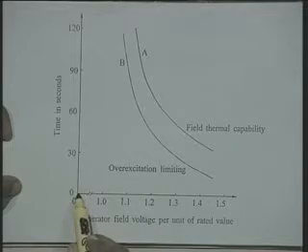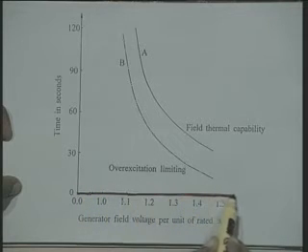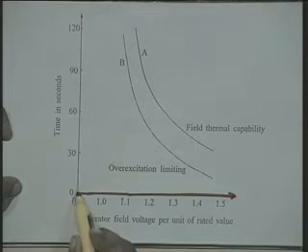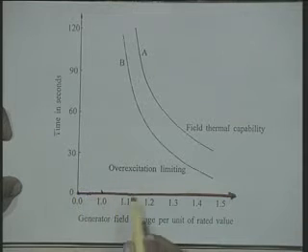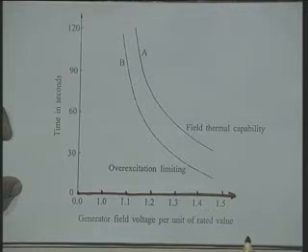Now, this graph shows the characteristic of the overexcitation limiting. On this axis we have marked generator field voltage in per unit of rated value. That is, you start from the rated value 1, 1.1, 1.2, 1.3, 1.4, 1.5 like this.